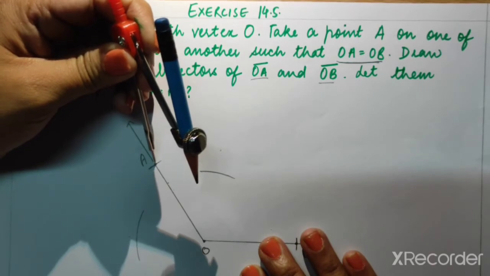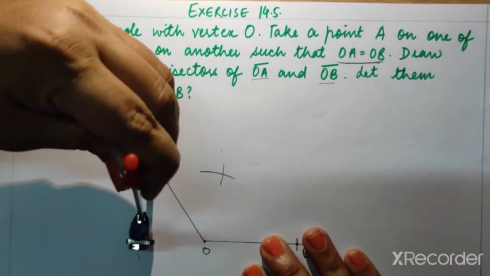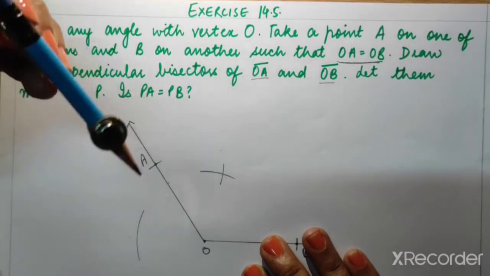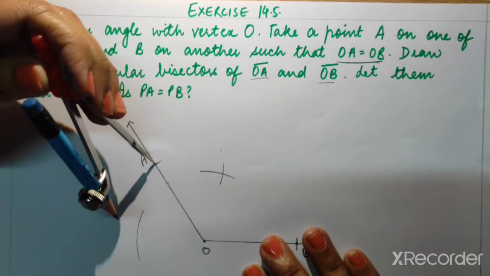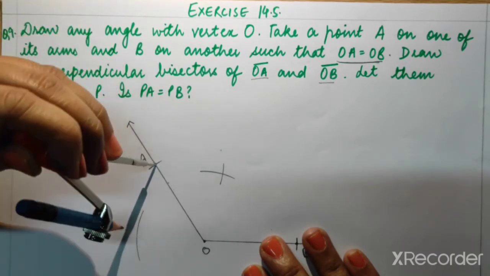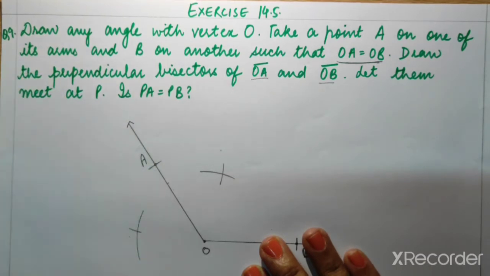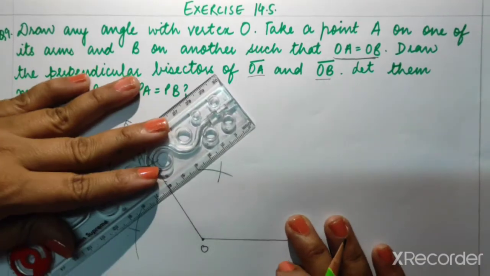Now draw the arc with the same length. For one perpendicular bisector, the four arcs should be with the same length. For another perpendicular bisector, I can change the length of the compass. So from point A again, I am going to draw another arc. Now I have to join to make the perpendicular bisector.